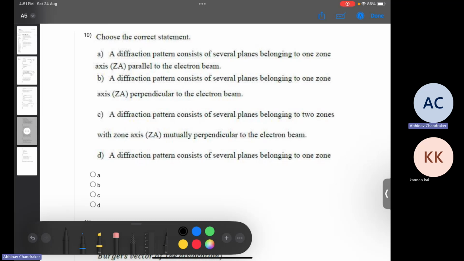Next question regarding the diffraction pattern. We have already discussed this. The answer is that the planes corresponding to a zone axis which is parallel to the electron beam will form the diffraction pattern.